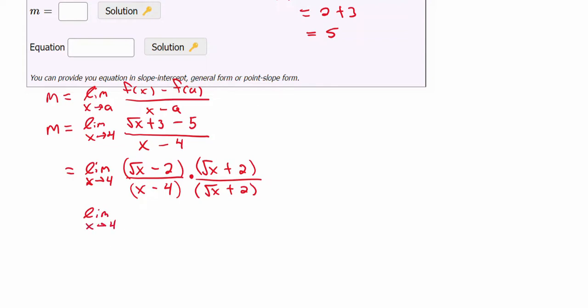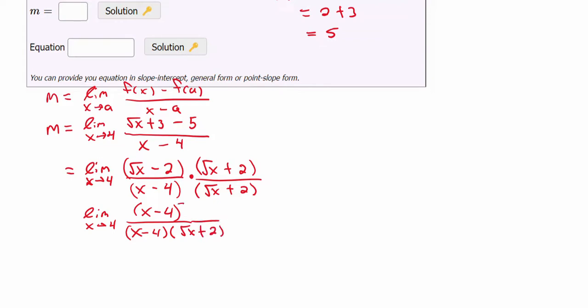If you've done this enough times, are you okay if I skip the expansion? The top would simplify to x minus 4, which is perfect, over x minus 4, and then we still have the square root of x plus 2 in the denominator.